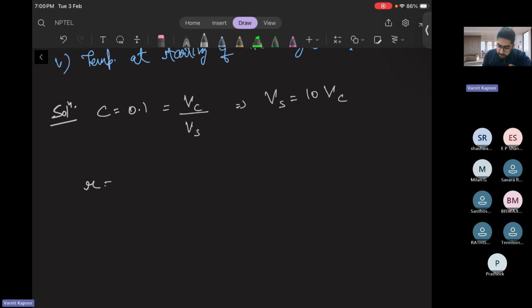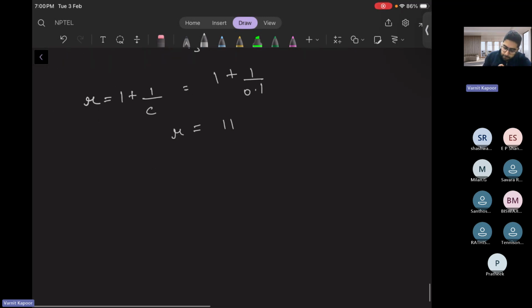What is compression ratio in terms of clearance ratio? It is 1 plus 1 by C. Just now we did. So 1 plus 10 is 11. So your compression ratio is 11. We know the formula for air standard efficiency: 1 minus 1 by R to the power of gamma minus 1.